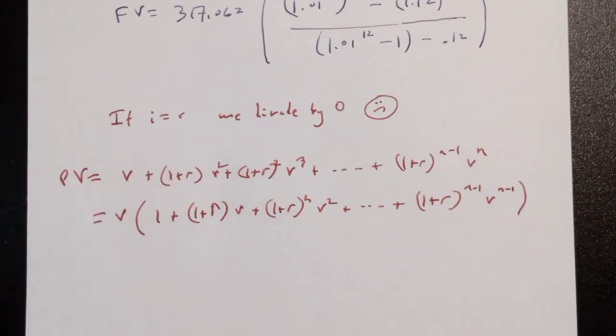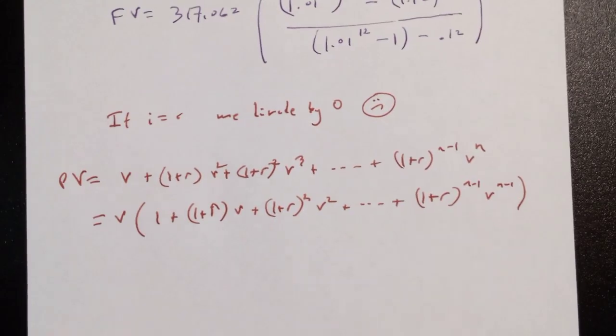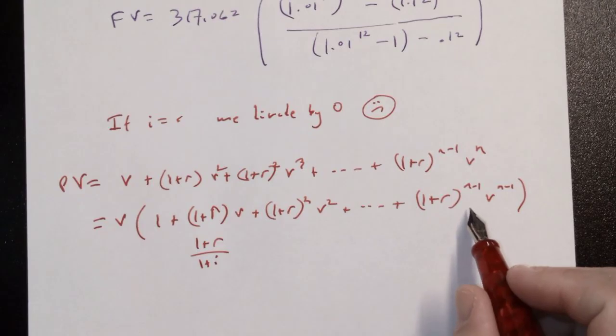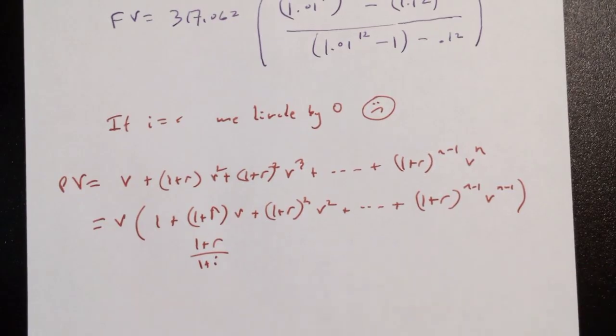But let's suppose for a moment that I equals R. What's V again? So that makes this 1 plus R over 1 plus I. If R equals I, what is that number? 1. And so is this, because it'll be 1 squared, and so is this, because it'll be 1 cubed, and so these are all ones. How many ones are there?